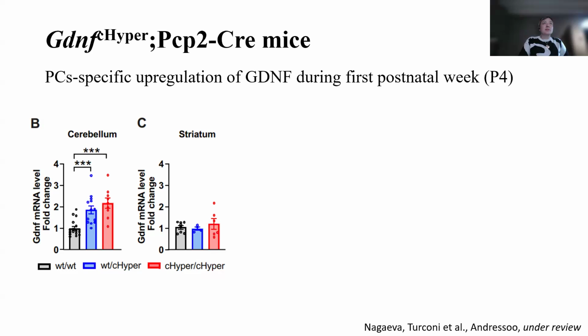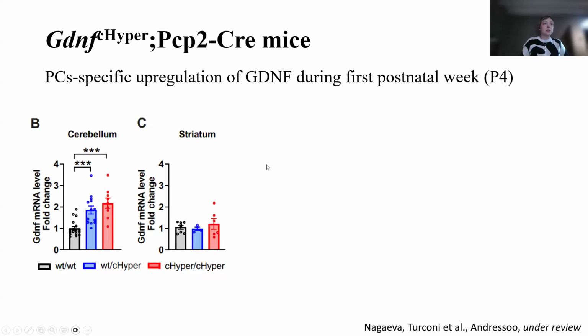So we made these PCP3 conditional GDNF hypermorph animals, which have upregulation. The upregulation starts in the first postnatal week in Purkinje cells at around P4, and then these cells started to produce a bit more GDNF than usual.